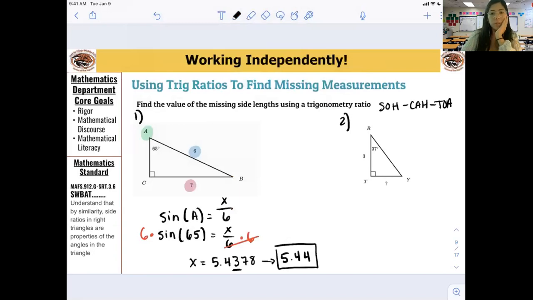All right, for number two, which function should I be using to find my answer?